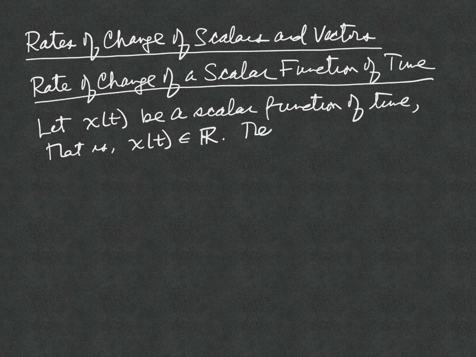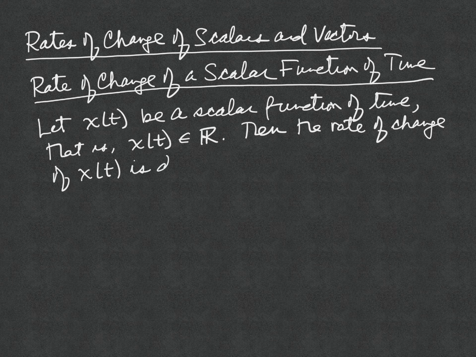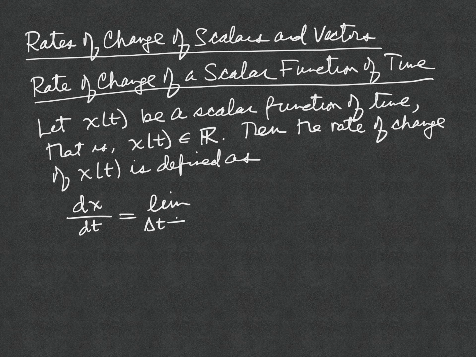Then the rate of change of x of t follows the usual calculus definition: dx dt is equal to the limit as delta t approaches 0 of x of t plus delta t minus x of t, divided by delta t.